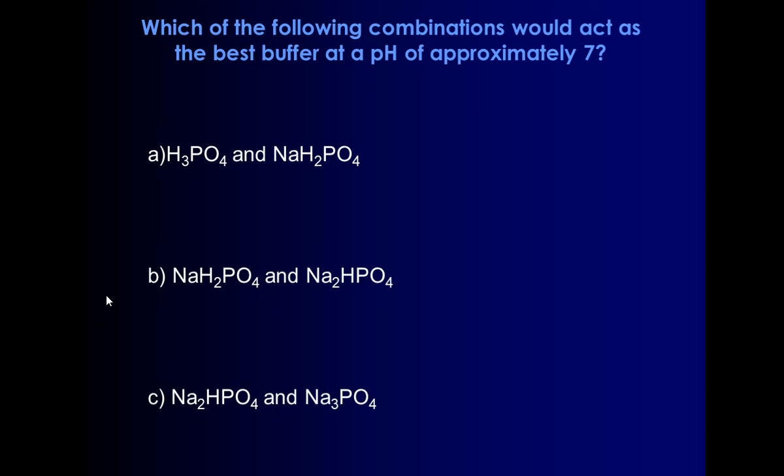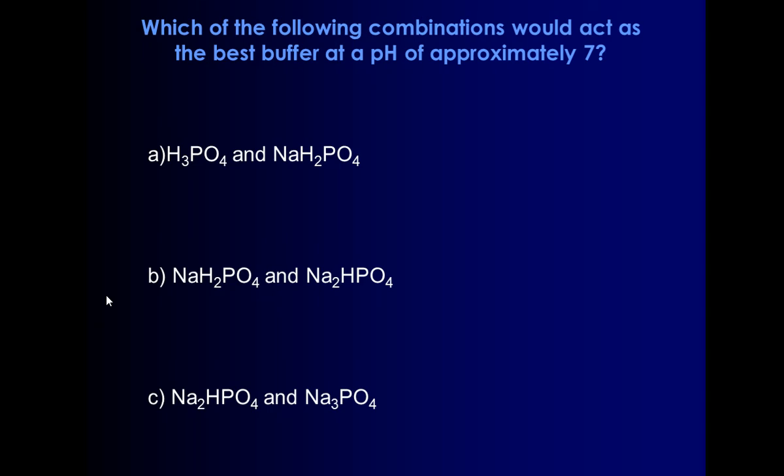So we're going to be focusing on the fact that H2PO4 minus is the conjugate base of H3PO4, that HPO4 minus 2 is the conjugate base of H2PO4 minus, and that PO4 minus 3 is the conjugate base of HPO4 minus 2. How we can determine which one of these would work most effectively if we want to have a pH of around 7, again, is going to depend on how these two work in concert with one another and how much of a change we're going to have to make with the amounts of these two components to get the buffer to exist around a pH of 7.